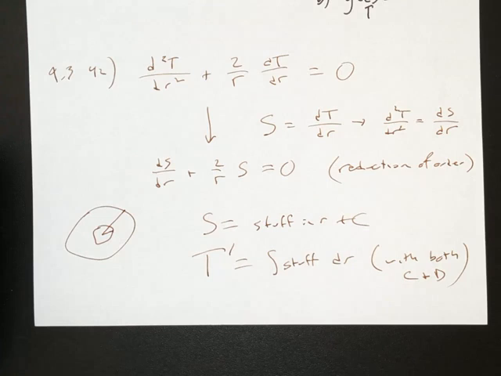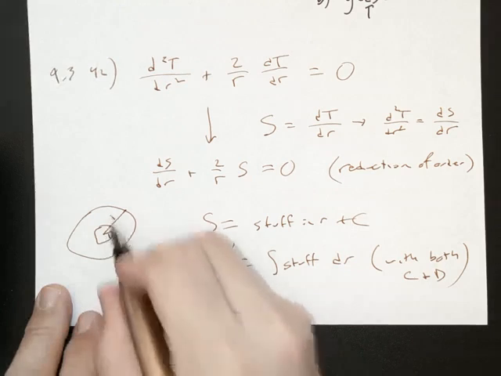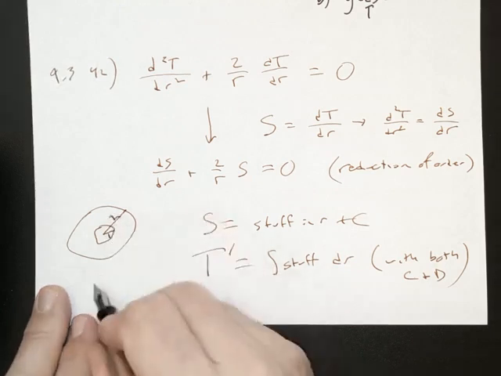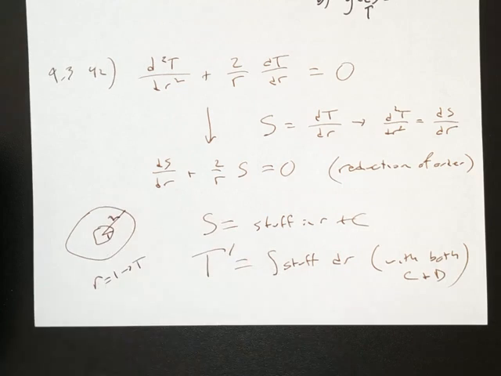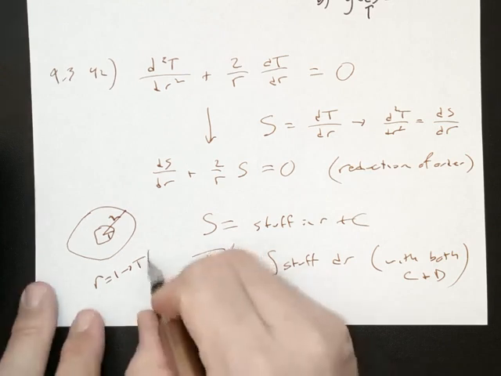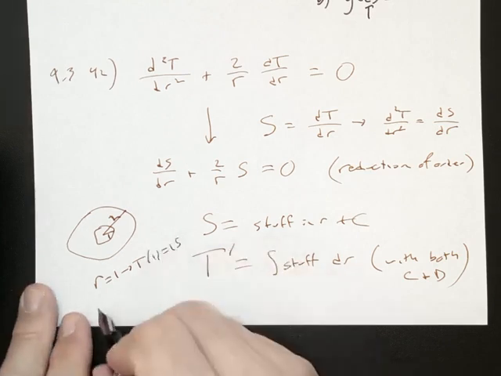With two different diameters, two different radii. The first sphere has a radius of, and the second. But wait, there's more. The sphere of radius 1 has a temperature. Yes? Well, that means that T of 1 is 15.